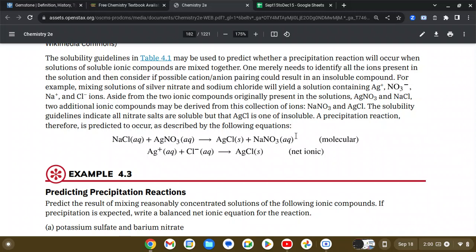The solubility guidelines indicate all nitrate salts are soluble, but that AgCl is insoluble. A precipitation reaction, therefore, is predicted to occur as described by the following equations.